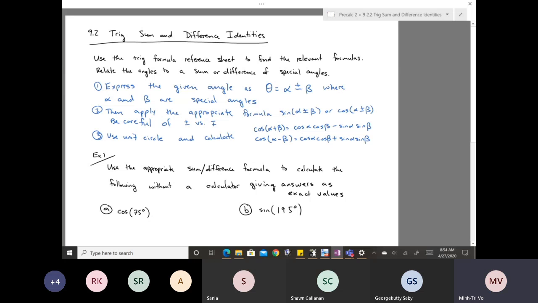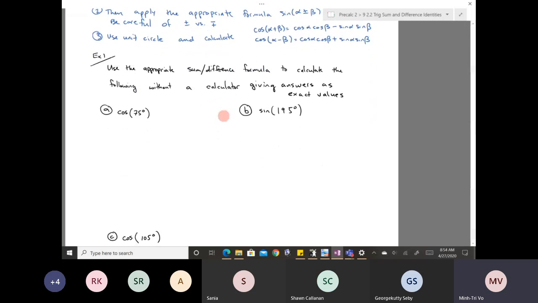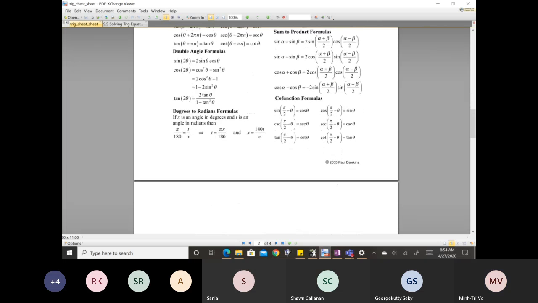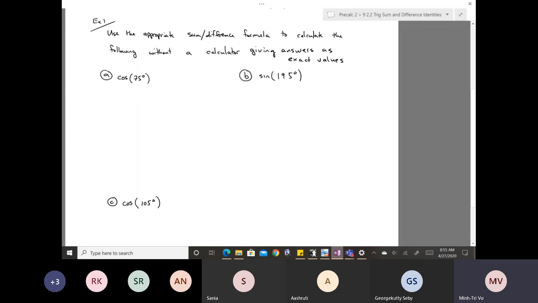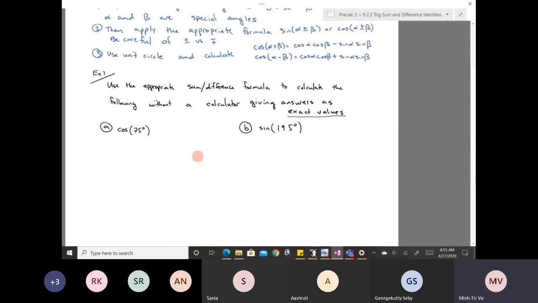Okay, so how are we going to apply the sum and difference identities? We're going to deal mostly with angles that are not the given special angles. So 75 degrees itself doesn't appear on the unit circle, but even though these are not special angles, we can calculate exact values by relating them to special angles.